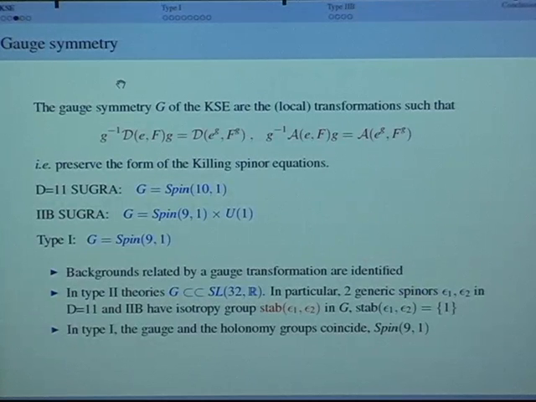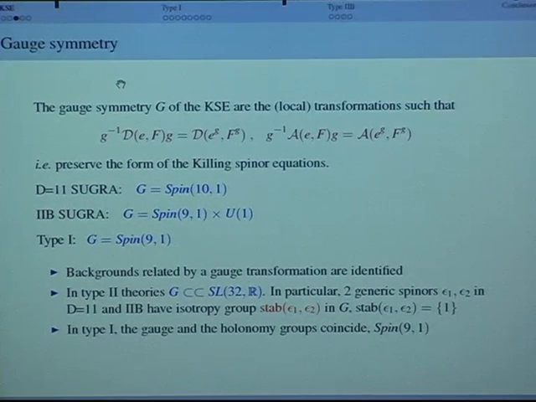The other ingredient of Killing spinor equations is the gauge symmetry. Well, gauge symmetries of Killing spinor equations are those transformations that leave the form of the Killing spinor equations invariant. So, with a little bit of work, one can see that in 11-dimensional supergravity, the relevant group is Spin(10,1) in 11 dimensions, which is Spin(9,1) times U(1) in type 2, and for type 1 is Spin(9,1).